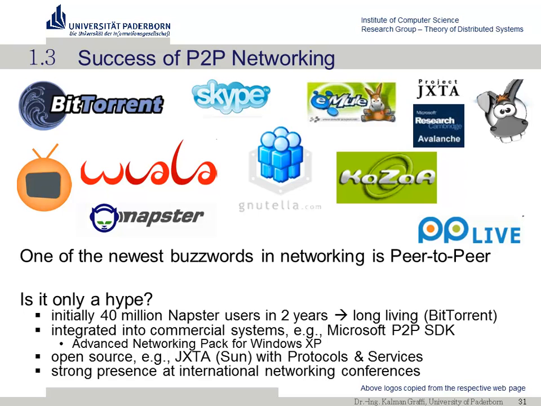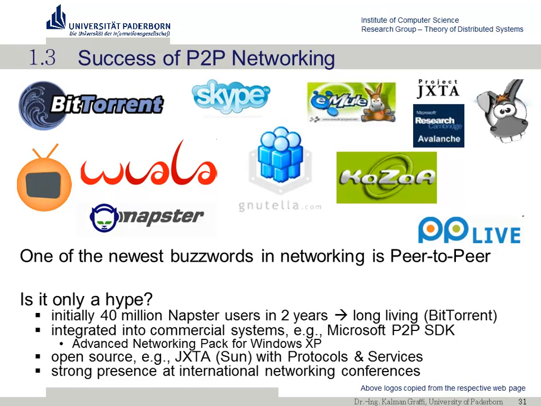Very interesting. So the question was once, is it a hype? But since Napster 10 years ago, we still have BitTorrent, and we still have the discussions about privacy, so it's long living. We also had peer-to-peer integrated in commercial systems, like when the Microsoft peer-to-peer software development kit was published.